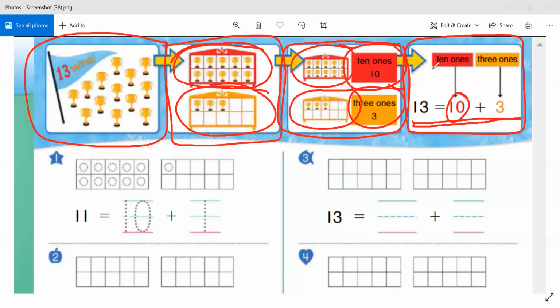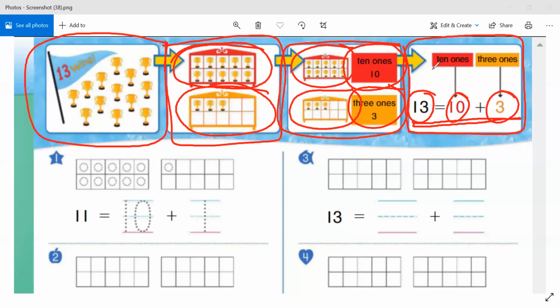The group of 10 trophies, 10 ones. And what does the 3 represent? The group of 3 trophies, 3 ones. Which number tells the total number of trophies? The 13.